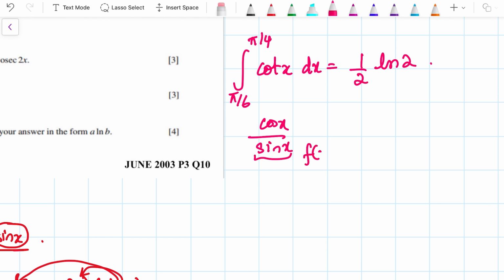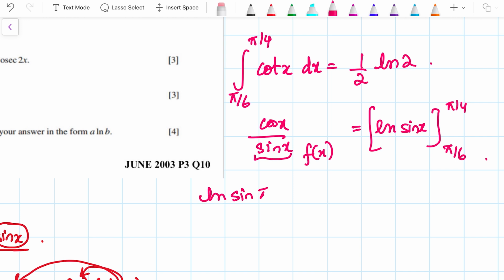This is the function. The differential of sine is cos, so we integrate it into ln sin x, with the limits pi by 4 and pi by 6. Ln sine pi by 4 minus ln sine pi by 6. Remember, never put this entire thing in the calculator. We always find out the values separately.